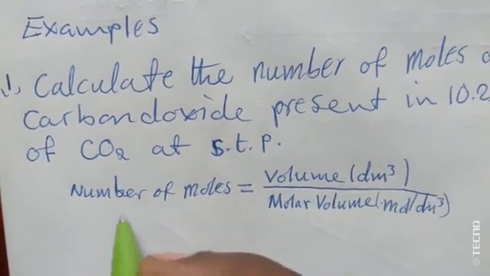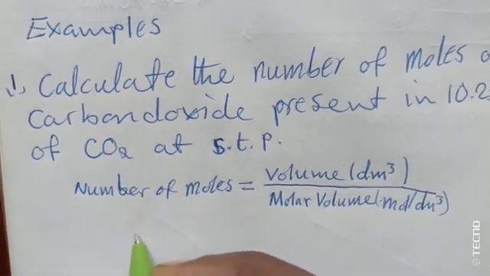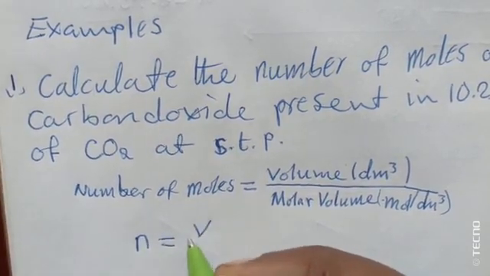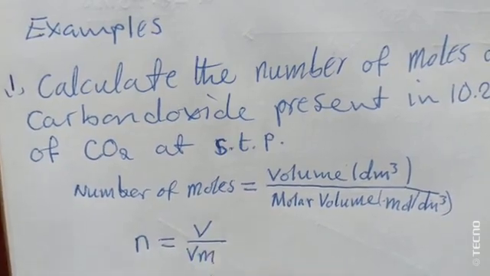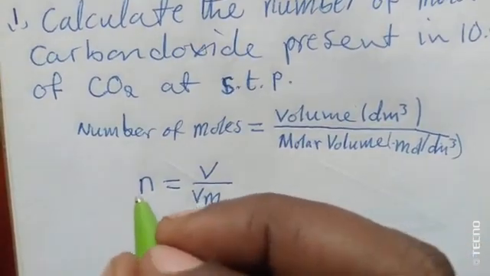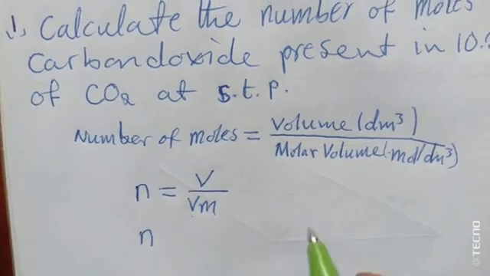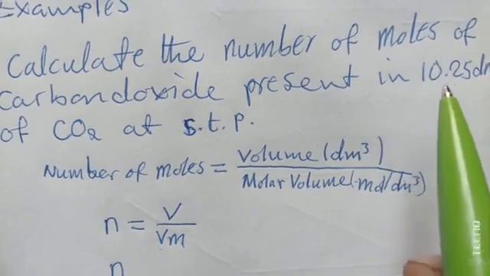Now in symbols, or in simple terms, you can just write it like this. N, which represents moles, is equal to volume, divided by Vm. So this M represents the molar volume. So we can calculate what you have been asked. Here in the question, the volume that we have been given is 10.25.